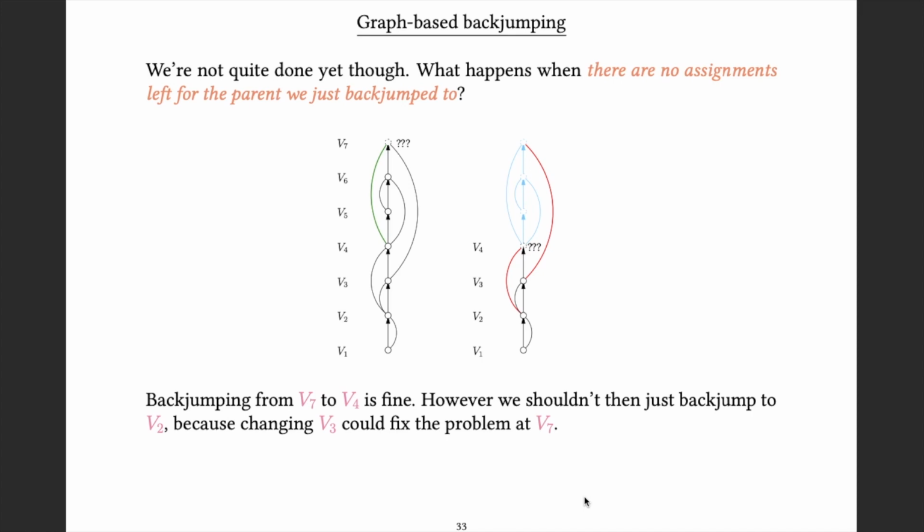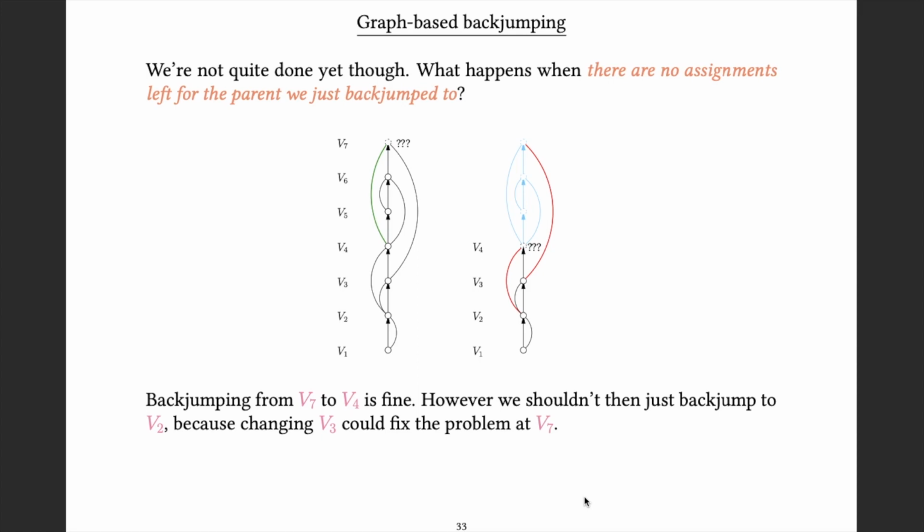But we still haven't answered the question of what then happens if we want to do a second back jump rather than reverting to chronological backtracking. Now we can't just extend the idea of making a back jump to a parent in the obvious way. We can't just back jump once, realise that the variable we've arrived at has no possibilities, and then try to back jump to its parent.